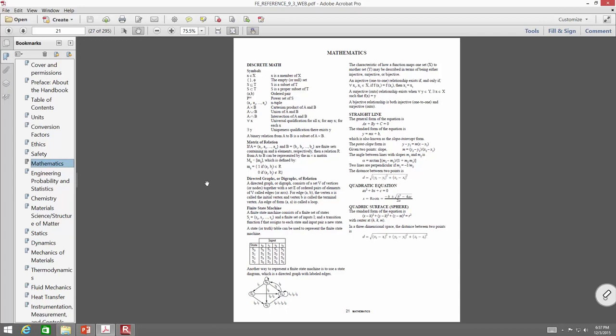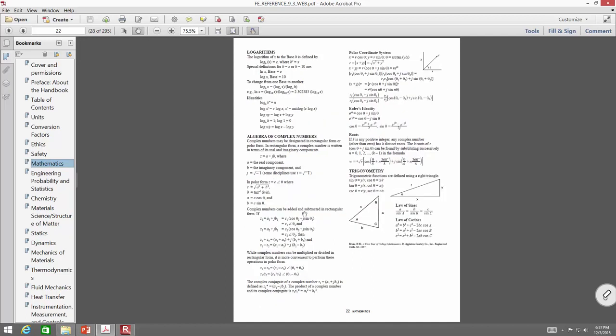So you're provided with all of the fundamental stuff, discrete math, like stuff with unions, intersections, sets. In terms of geometry, you've got all the relationships for a line, quadratic equation, if you're dealing with a sphere, any properties of logarithms, if you're dealing with complex numbers. One thing to note for complex numbers, the manual uses j for a complex number.